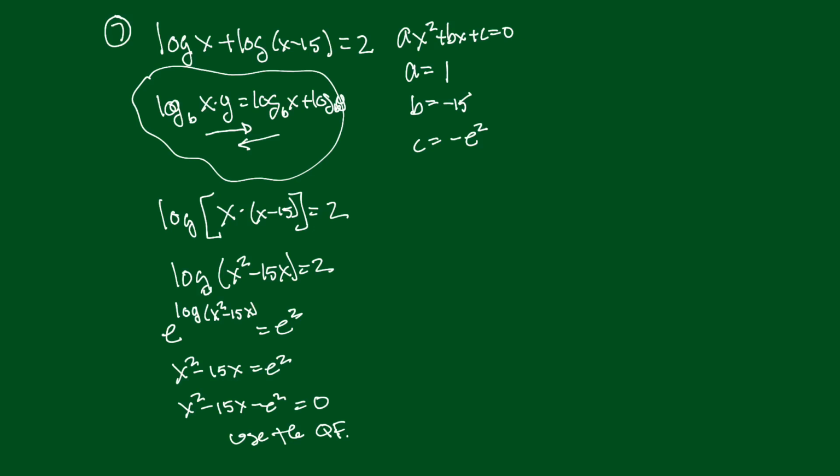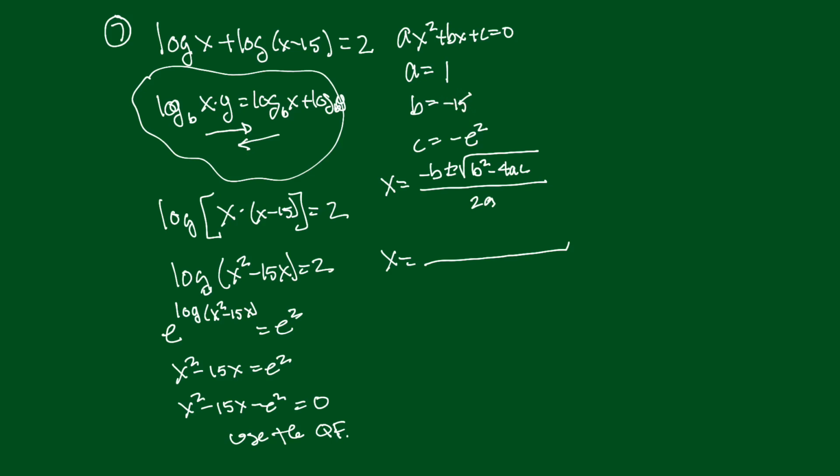Let's substitute. So here's our quadratic formula. x equals this fraction, negative b plus or minus the square root of b squared minus 4ac over 2a. Substitute, we will get x equals, the first up, negative b, the opposite of b. What is b?